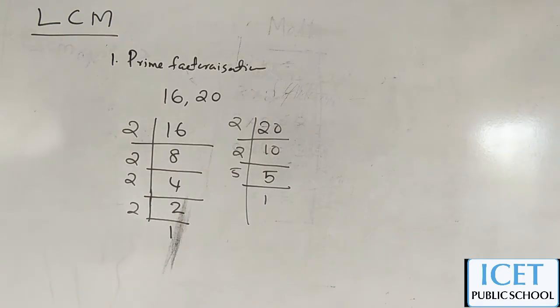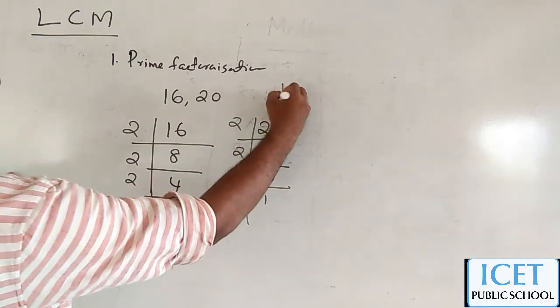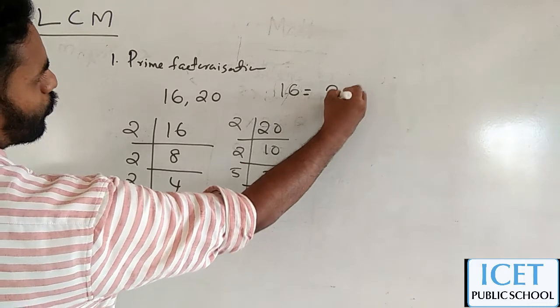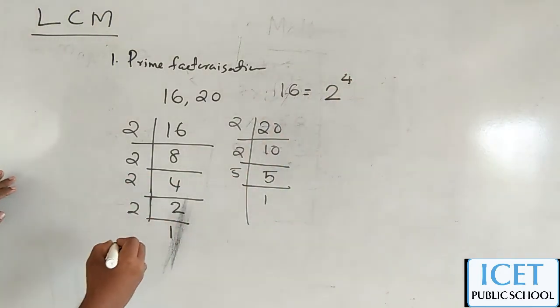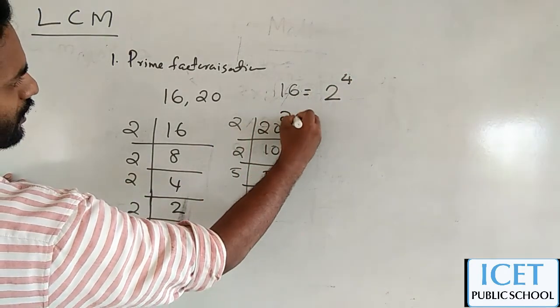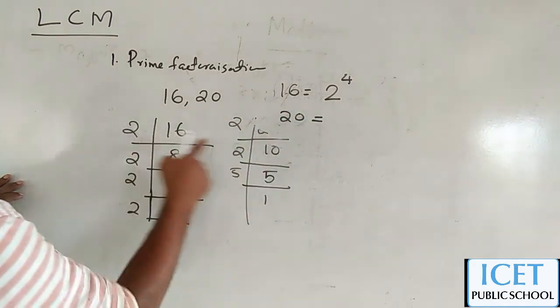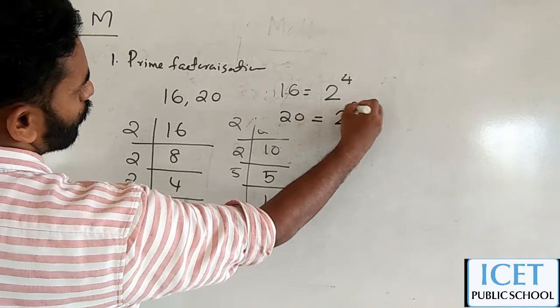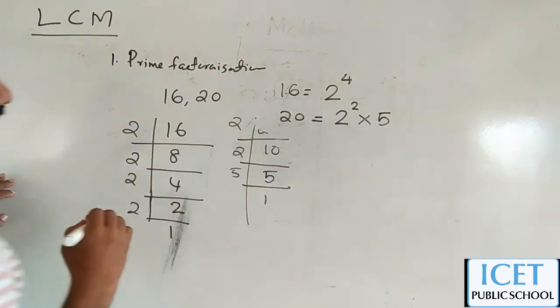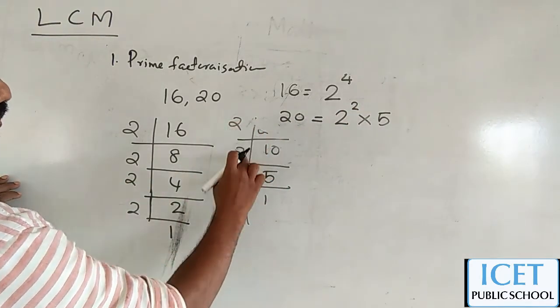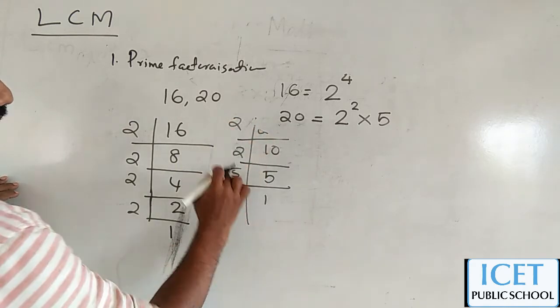Clear? Then what we have to do? We have to write 16 is equal to 2 raised to 4. Then 20 is equal to 2 raised to 2 into 5, because two 2's are there, then one 5.